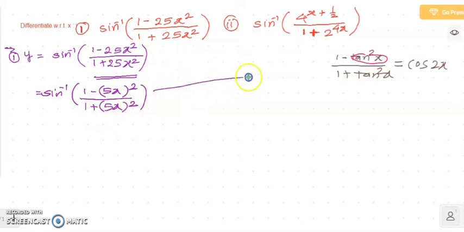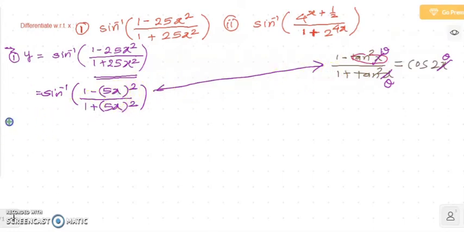Now if you compare the formula and this expression, this tan x is 5x here. So I can remember this formula in terms of theta: 1 minus tan square theta upon 1 plus tan square theta is equal to cos 2 theta. So I will put tan theta equal to 5x here.